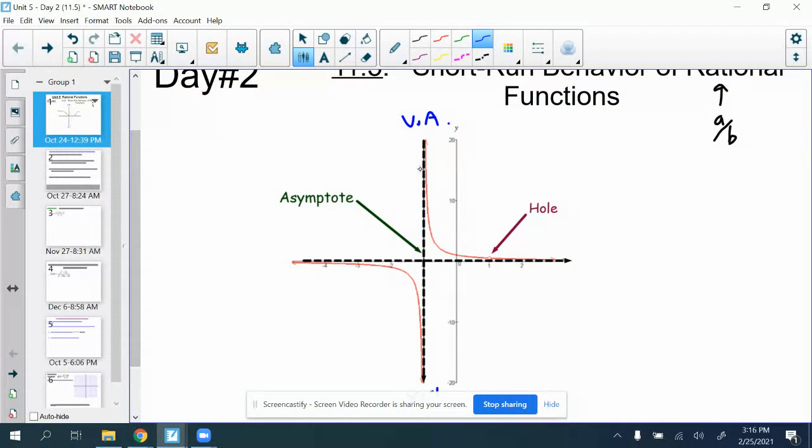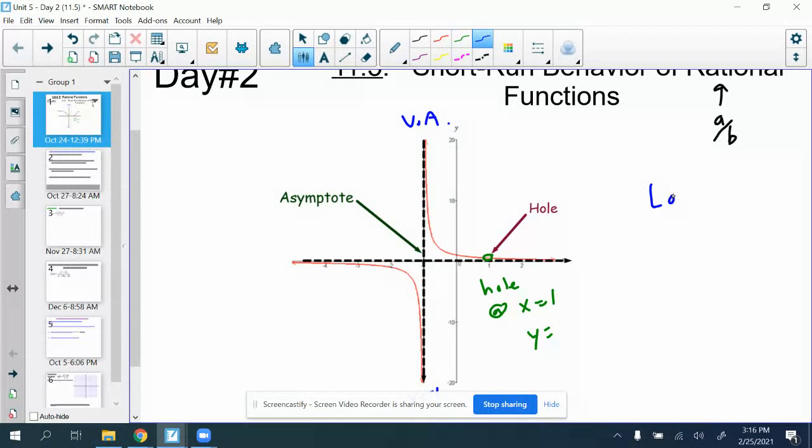We're going to approach that infinitely, but we're never going to cross it, like it's going to creep up on it. The second one that you haven't seen before is a hole in the graph. Right here we have a hole at x equals 1, and we're going to talk about how we find that y value.